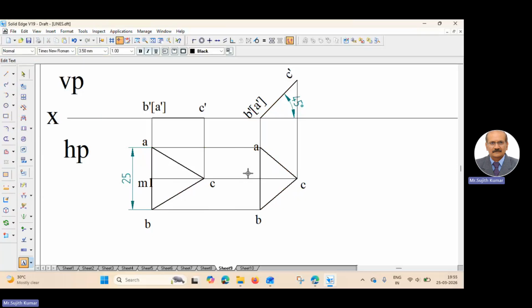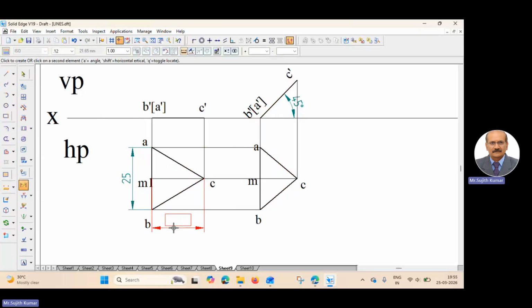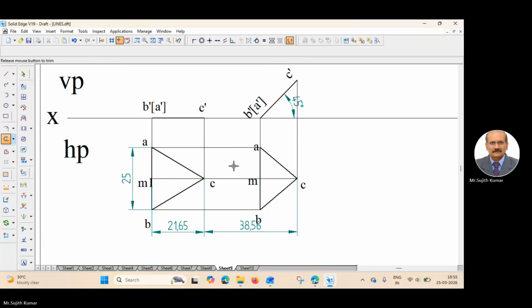This is the apparent length of the median. Measure the true length of the median. It is 21.65. I want the CM length, it is coming from C to C. So I will trim this line so that I get the apparent median length, that is 15.31.